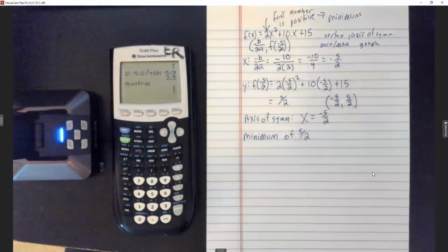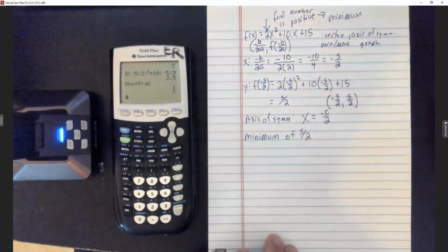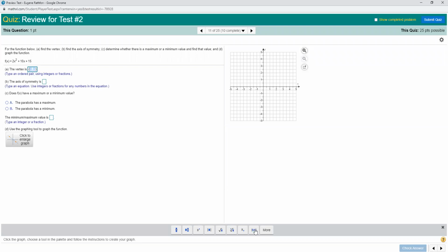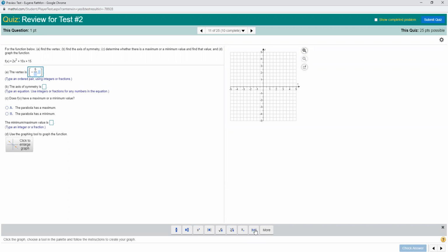So now we're to the point where we're going to graph it. So let me go over here and share my screen. All right, so my vertex, I'm going to put that in first. I'm going to use my parentheses. I had a negative 5/2, so that'll be negative 5 divided by 2. And then I had a positive 5 divided by 2.